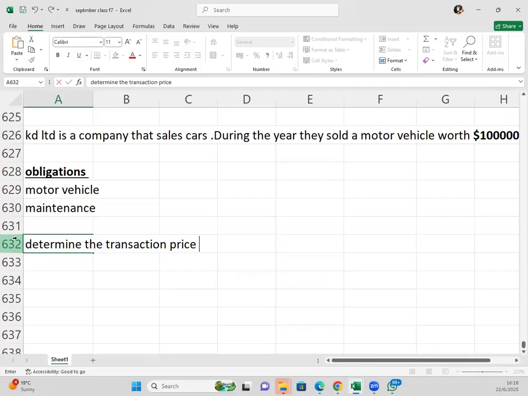So for both the maintenance and the car, they're just paying 100,000. So that is the transaction price. How much is the customer going to pay?